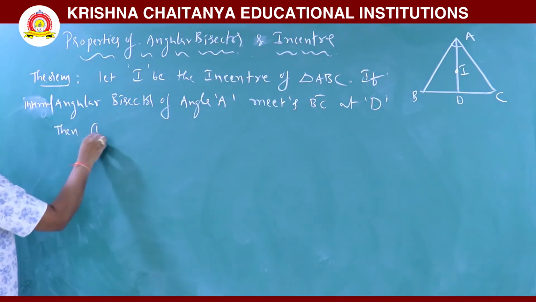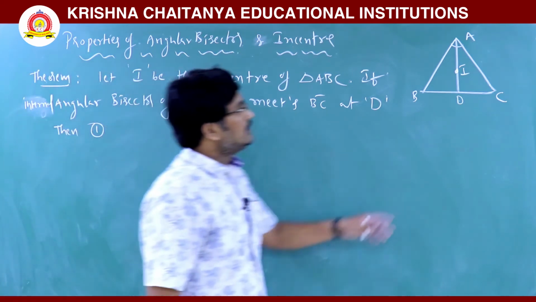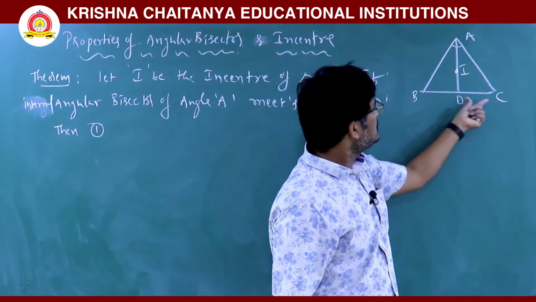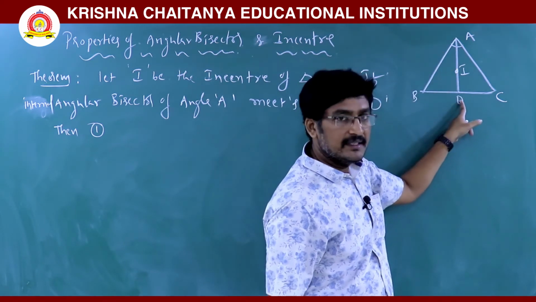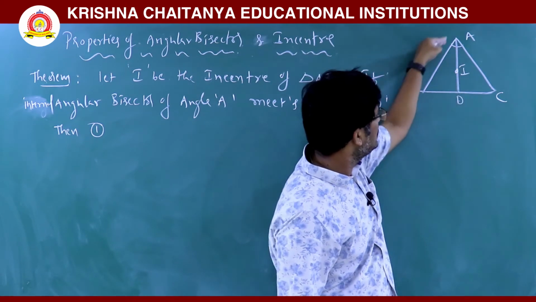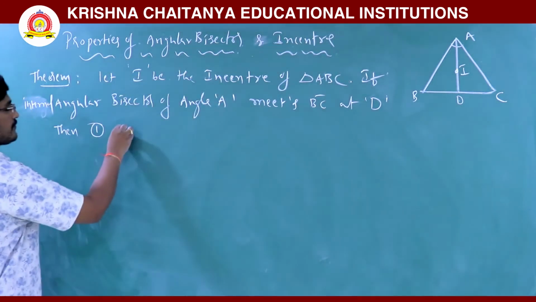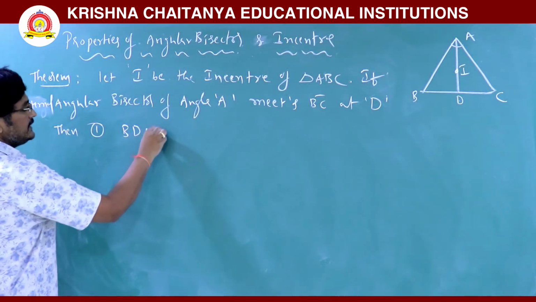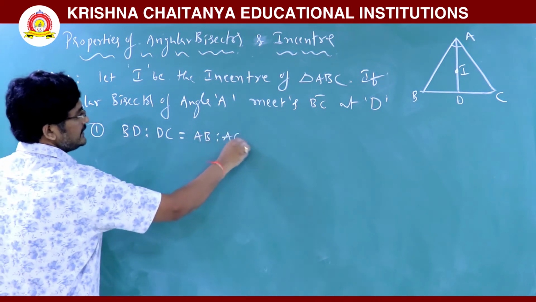The first property, a very, very important property, is this. The angular bisector of A meets BC bar at D. Then the ratio of these two lengths, BD is to DC, is equal to AB is to AC. The first property is BD is to DC is equal to AB is to AC.